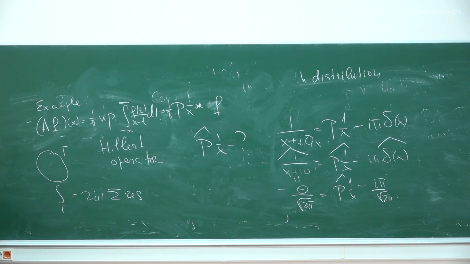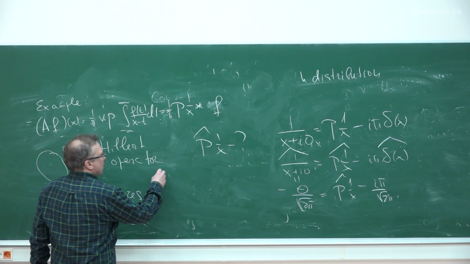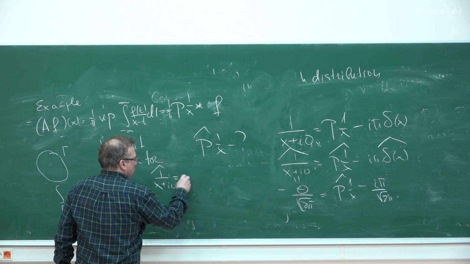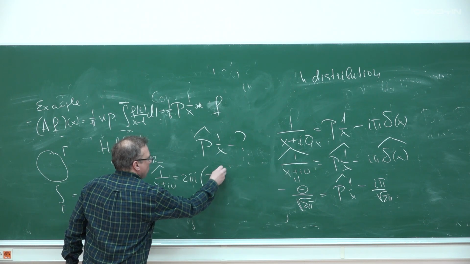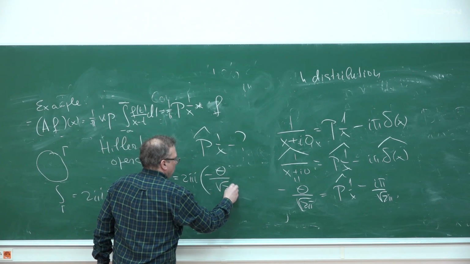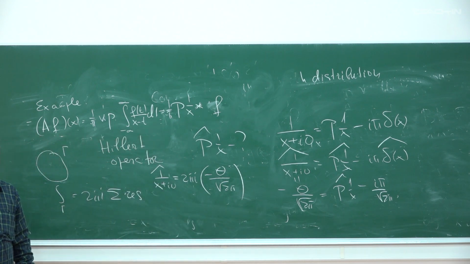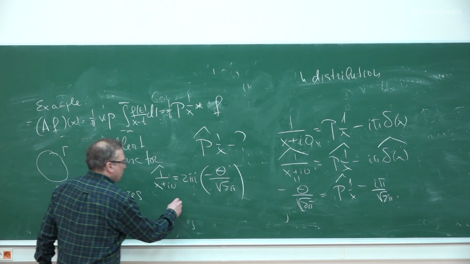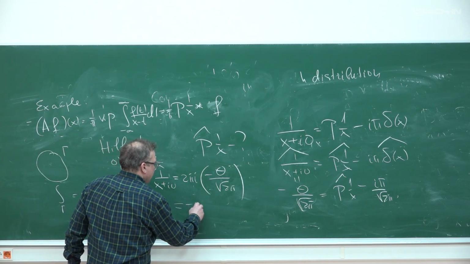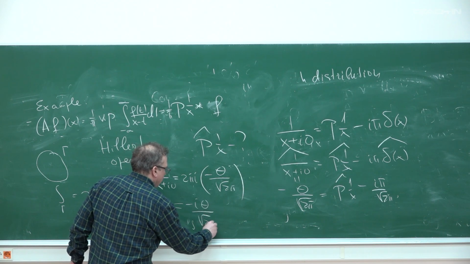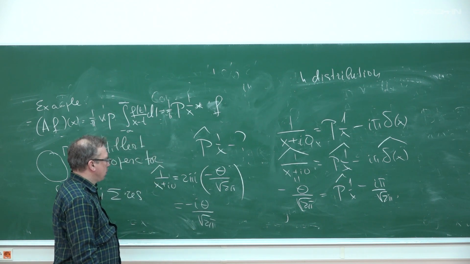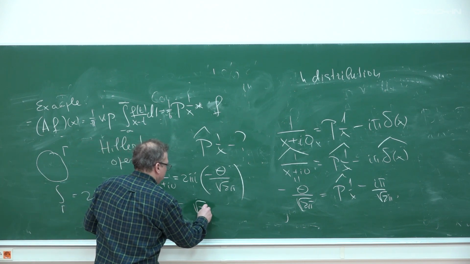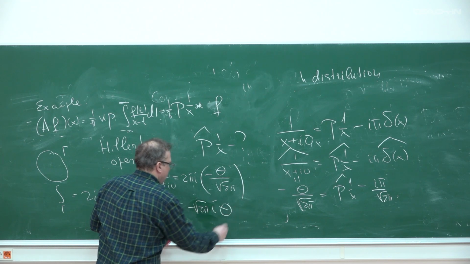So the answer must equal 2 pi i multiplied by this, minus theta, this. Yes? If we take this factor, then the result equals minus i theta 2 pi. Oh, not here. This.